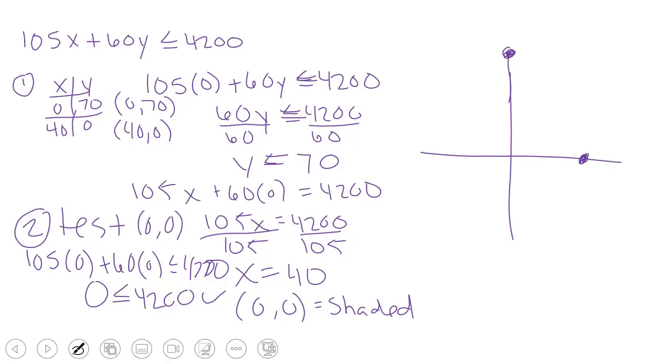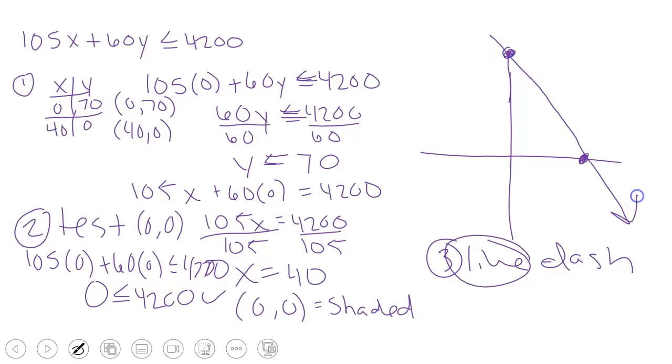So let's look at our sign. Is our sign going to be a line or a dash? Well, it has the extra line underneath, so it is going to be a solid line. So we did our test point. 0, 0 is shaded. So that means it is this way.